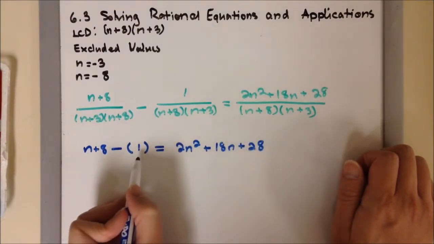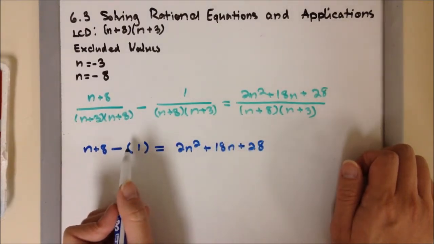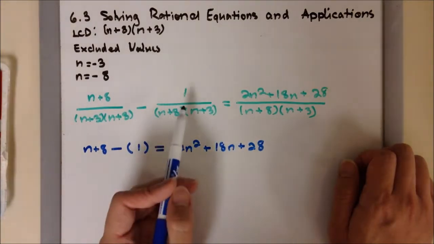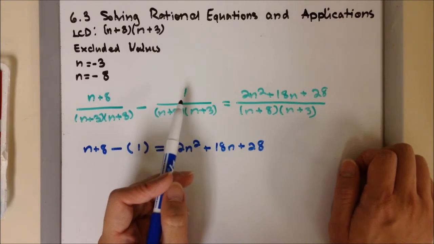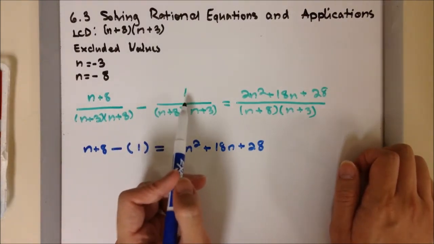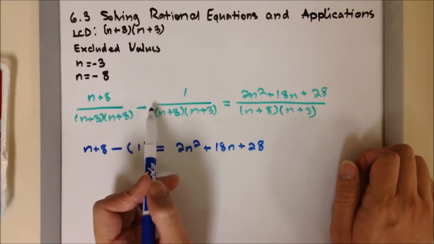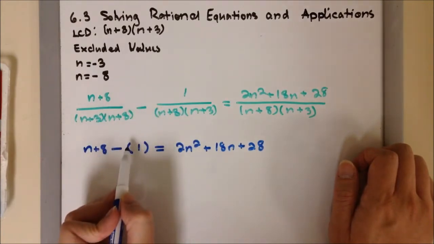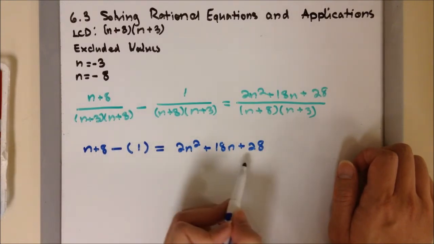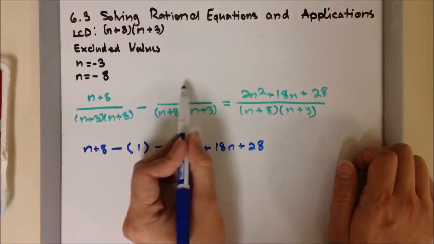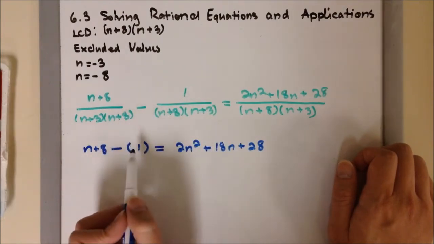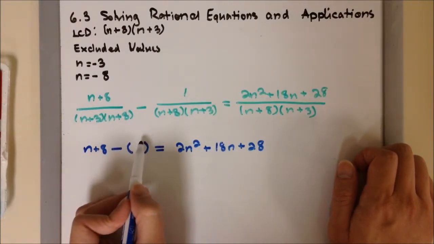Now the reason I put the numerator from the second fraction in parentheses is that if you had a binomial or trinomial, 2 terms or 3 terms, and there was a minus in front of this fraction, the best practice when you rewrite the numerator is to put the numerator of the second fraction in parentheses, and then when you're simplifying, you distribute the minus.